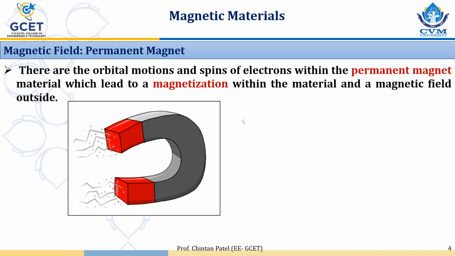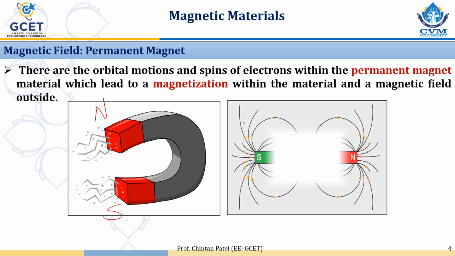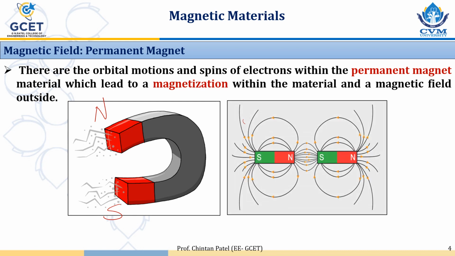So this is a horseshoe magnet, and one pole is, let's say, north and this is south. Here two bar permanent magnets are shown, and we can see magnetic field lines start from the north pole and terminate at the south pole.